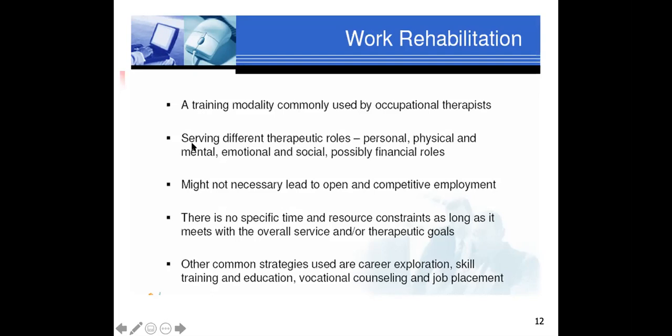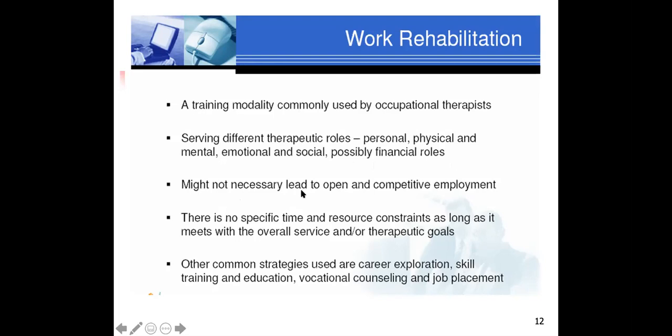It is a training modality commonly used by occupational therapists. So you have modalities, interventions, and instruments, serving different therapeutic roles: physical, mental, emotional, and social, possibly financial roles.